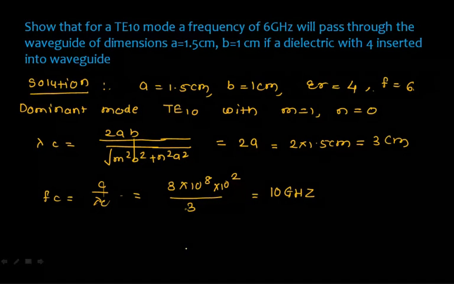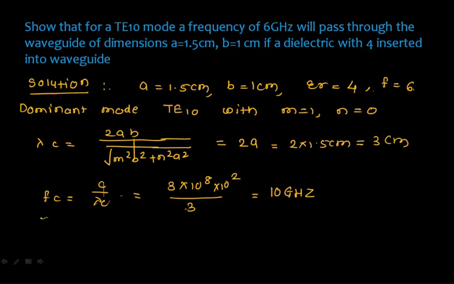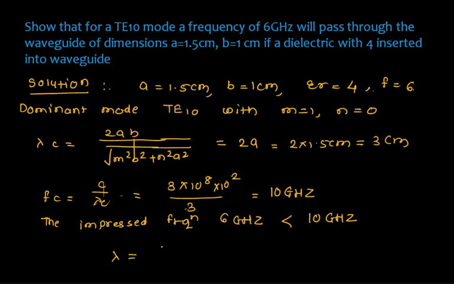So the impressed frequency is nothing but 6 gigahertz, which is smaller than 10 gigahertz. What will be the wavelength of the impressed frequency? Lambda is equal to 3 into 10 raised to 10 divided by 6 into 10 raised to 9, because lambda is equal to C by F, which gives me 5 centimeter.